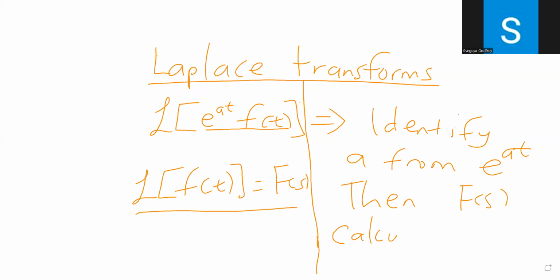Then calculate F(s minus a), meaning that whenever there is s, you substitute it with s minus a. That is how we calculate the Laplace transform of the exponential e^(at) f(t).